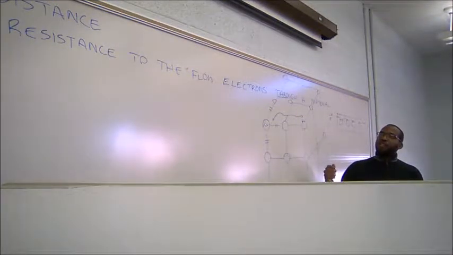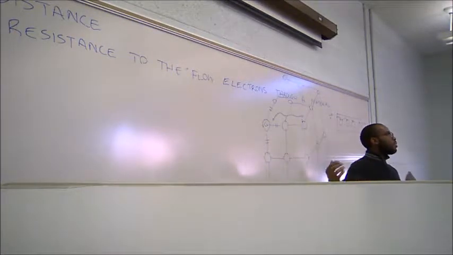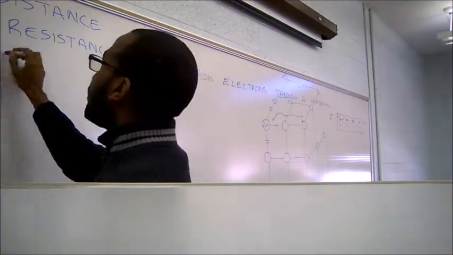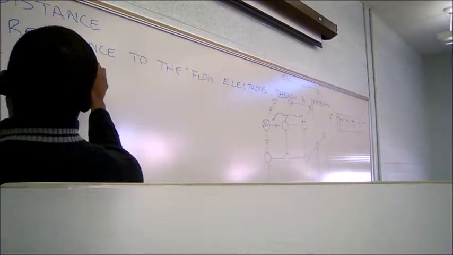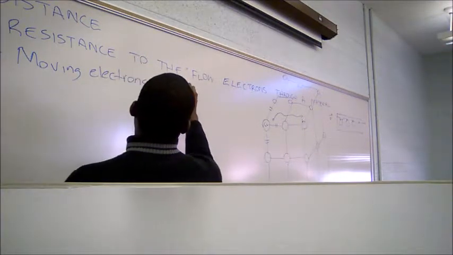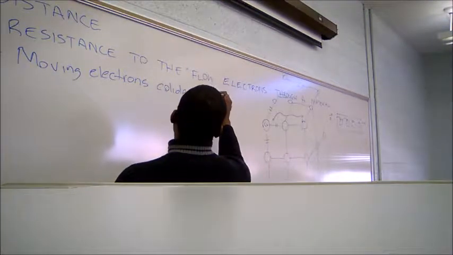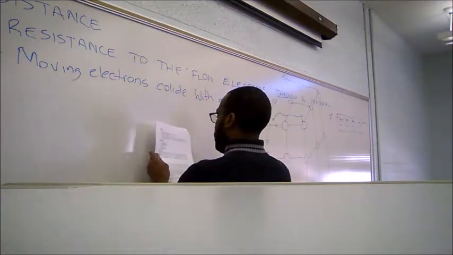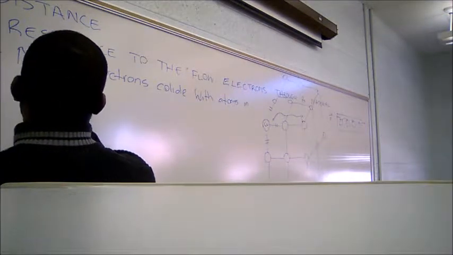So again, for resistance, we say one source of resistance is that the electrons collide with atoms in the crystalline material. So we say that moving electrons collide with atoms in the material.